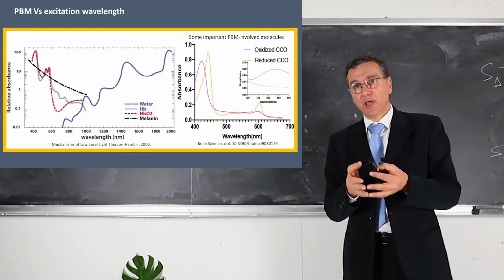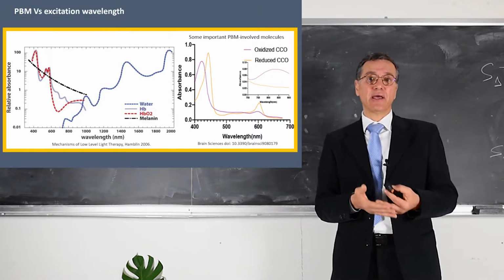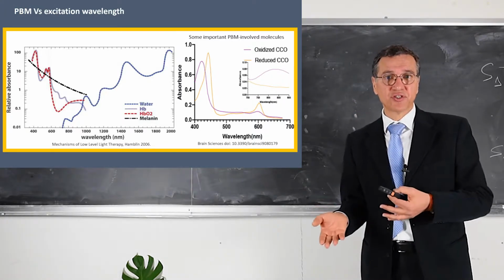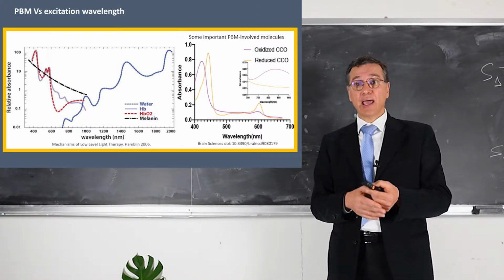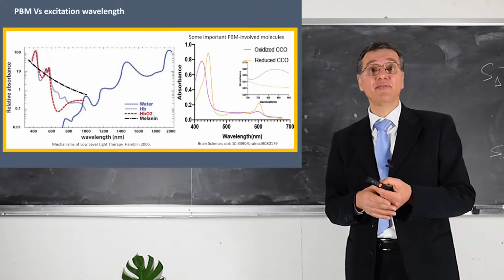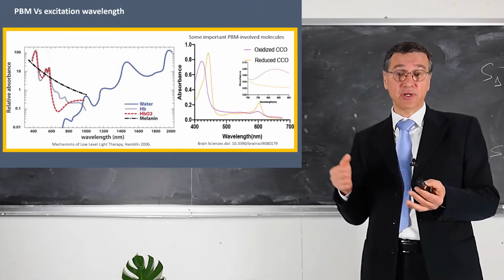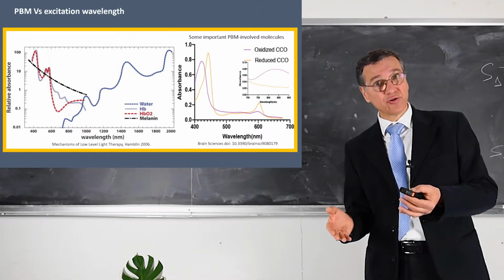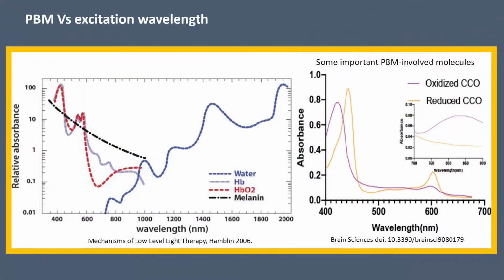So, for example, in the blue, there is a much higher absorption of the oxy and deoxyhemoglobin, and so to go deeper, we have to move towards the near infrared. But if we move too much into the near infrared, again, we have water. So we have a sort of, let me call it, optical window in the visible where we can penetrate more.